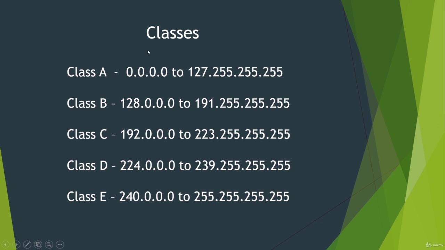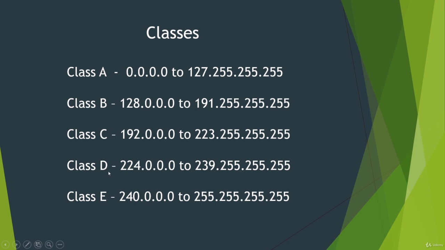As you can see, there are so many, from 0 to 127. Nearly half of all IP version 4 addresses are taken by class A. That's why class A IP addresses will be used by very large organizations to manage those IP addresses. And class B you can conveniently assign to small organizations as well.